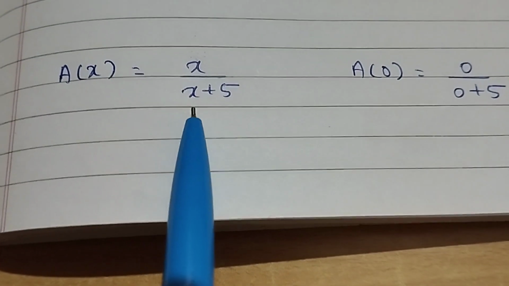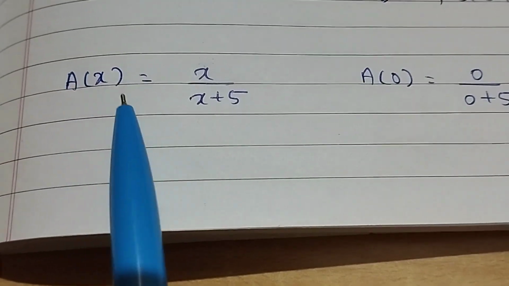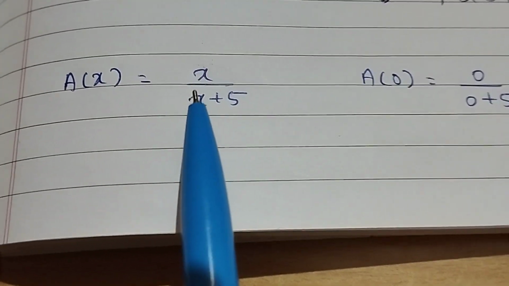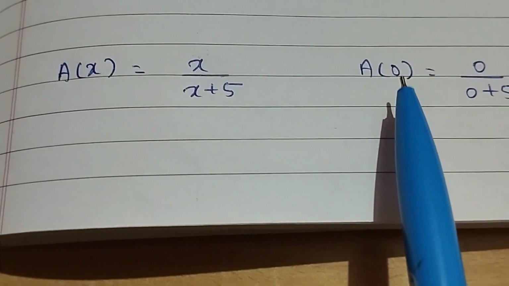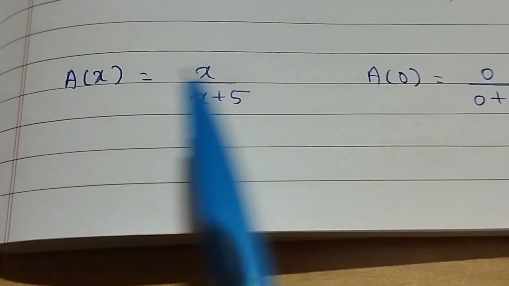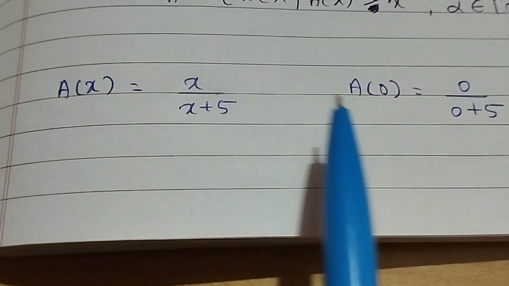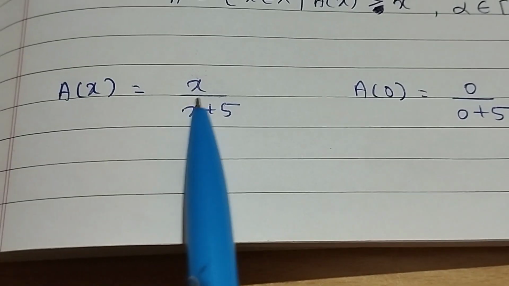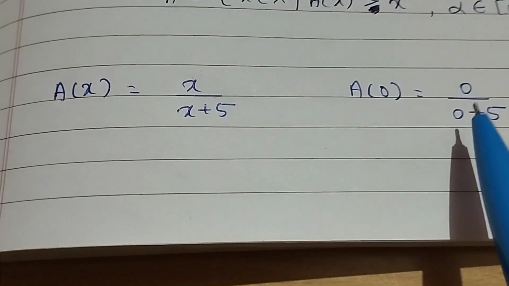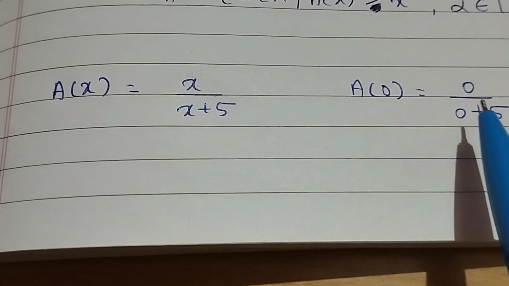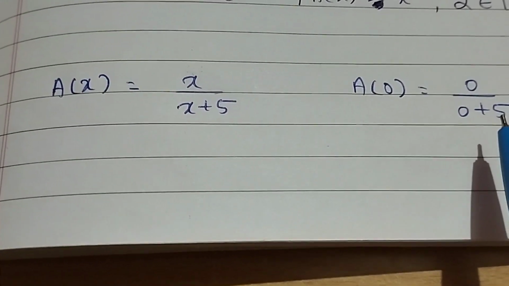In this question we are given the equation, A of x is equal to x upon x plus 5. If we want to find A of 0, wherever x is, write 0 there and calculate the value. On the numerator x is present, so replace x with 0, so 0 upon 0 plus 5.